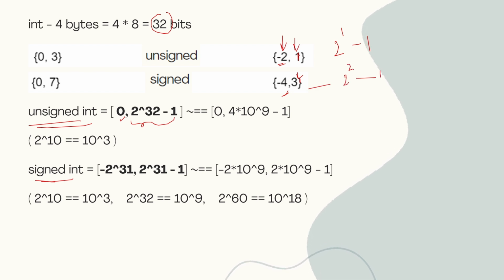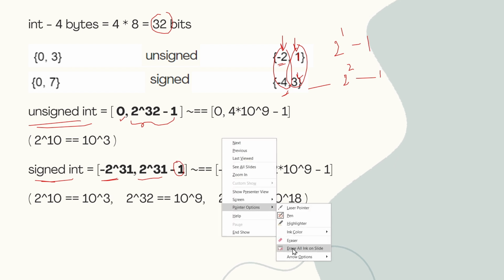So here also you have powers of 2 minus 1. Similarly the left side is minus powers of 2. That's why I've written minus 2 power 31, and the right side is 2 power 31 minus 1. Hope you got some idea, right?